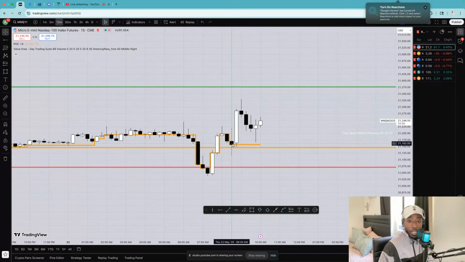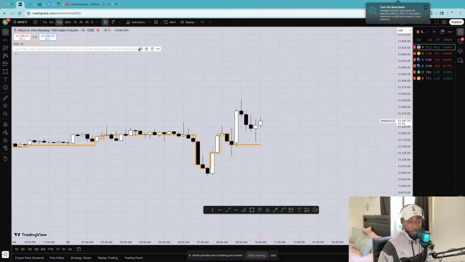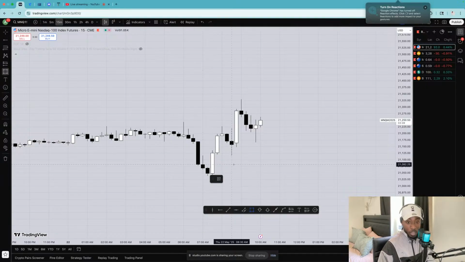So here's 8:30. When this happened, at 8:30, I initiated my value area indicator and my POC. I initiated everything, but visually, I was seeing support and resistance kind of like this.